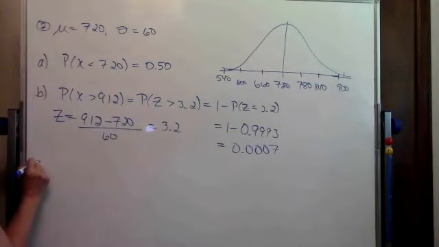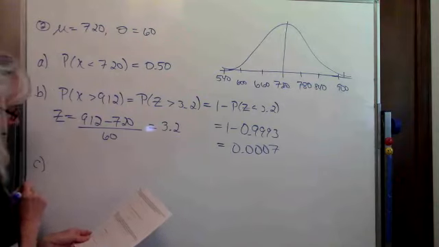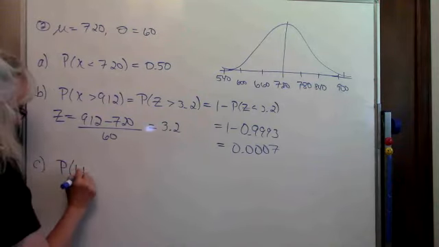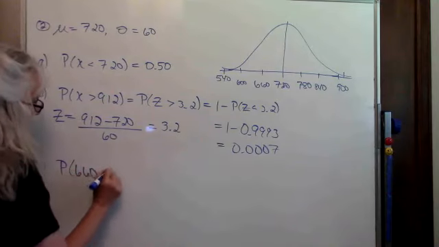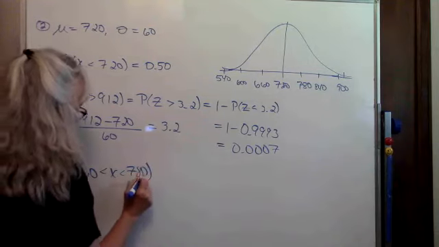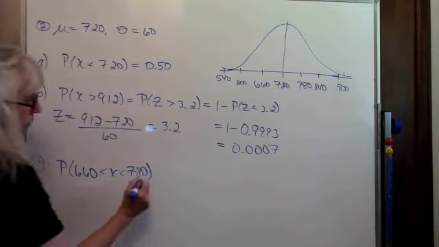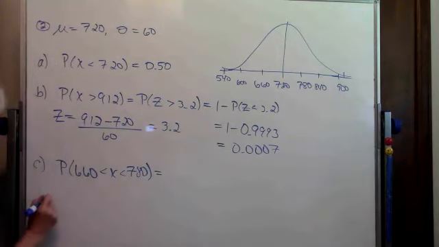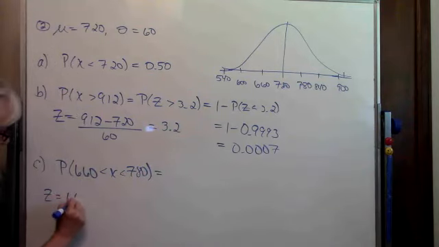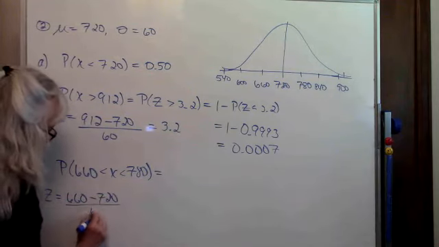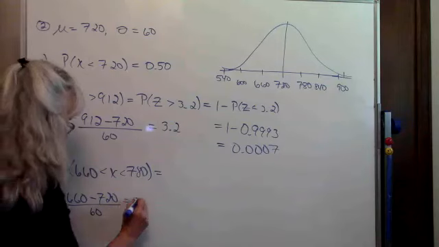And part C asks between 660 and 780. So this one's bound between two numbers. So 660 is less than X is less than that 780. First step, find their Z values. So for the 660 minus the 720 divided by 60, and that one comes out to be a -1.